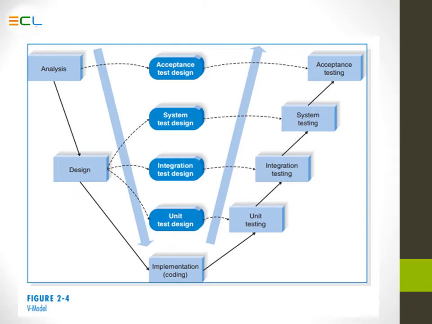After that, once we complete the requirements of the design phase, we will do the system test design, integration test design and unit test design. After the completion of the design phase, we will move to the implementation and we will talk about the coding here. And after that, we will move on to unit testing, integration testing and system testing.